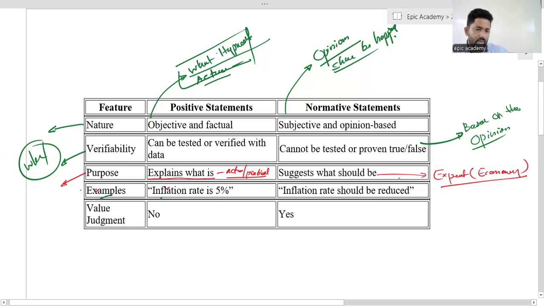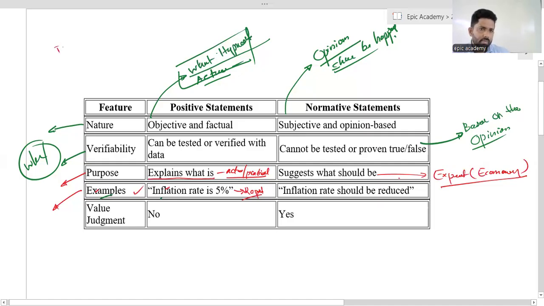Okay, that means it is just one opinion of what they can expect from the real world. The next page is an example of a positive statement: the inflation rate is just 5%. We just consider one country's report of its inflation rate. What do you mean by inflation?